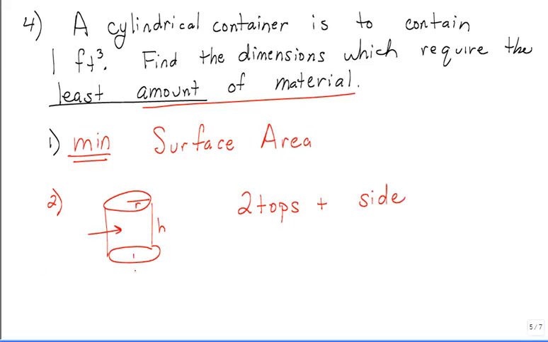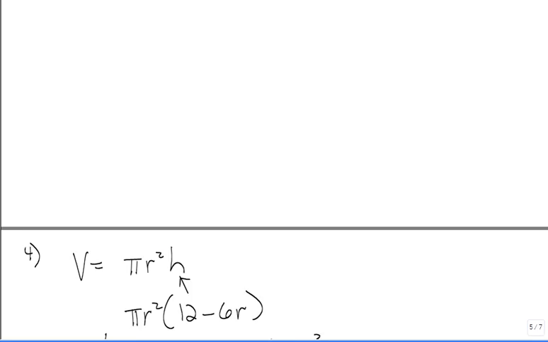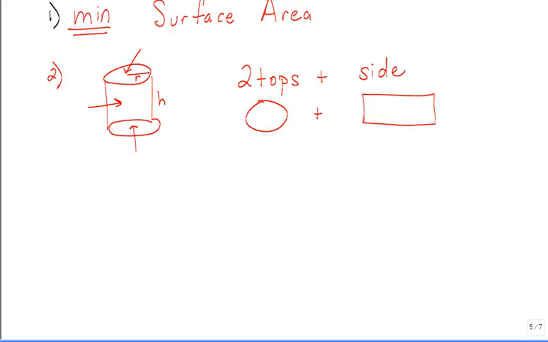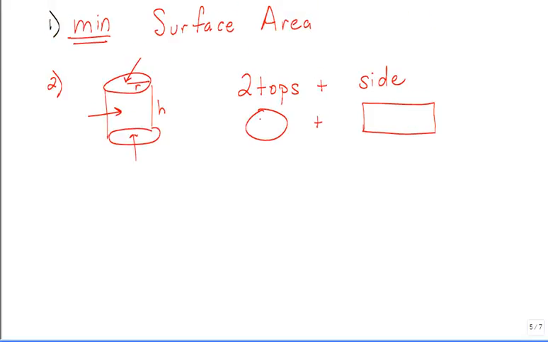Okay, the 2 tops, they're circles, and the side, if you cut up the side like an oatmeal container or a can and lay it flat, you get a rectangle. And what's the area of a circle? Well, that's pi r squared, but you have 2 of them. That's the area.